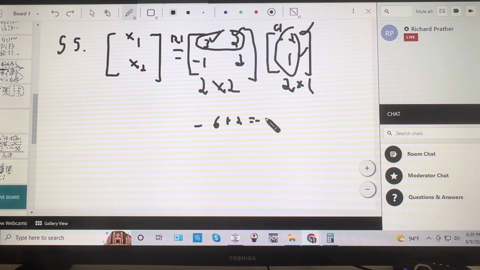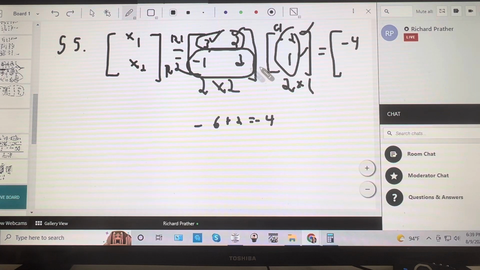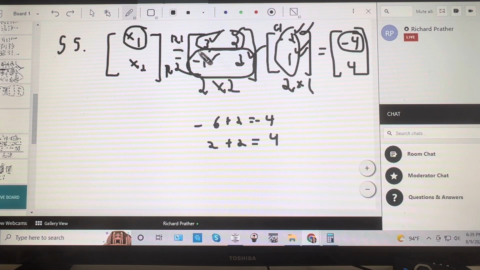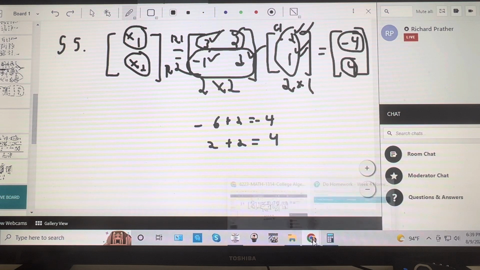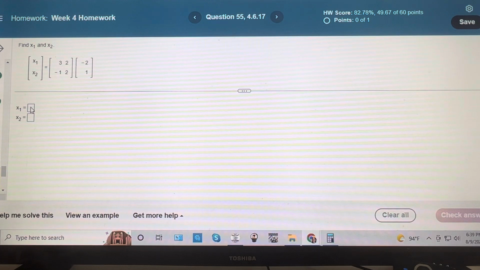That answer is negative 4. So this would be a 2 by 1 answer, and the first answer would be negative 4. And then I use row 2 along with column 1. Negative 1 times negative 2 is 2, plus 2 times 1 is 2. So that's 4. In other words, this negative 4 is x1, and this positive 4 is x2. So x1 and x2 are negative 4 and 4.